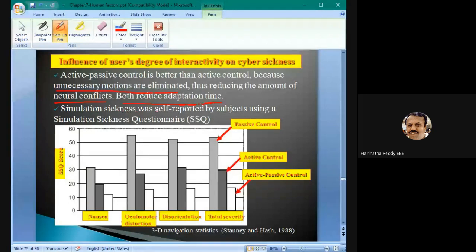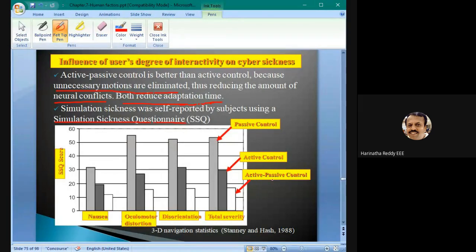So simulation sickness was self-reported by subjects using a simulation sickness questionnaire. A questionnaire has been prepared and it is given to all the subjects in the different groups. And finally, it is concluded that active passive control is better compared to the other one. Is it clear? Active control, passive control are the two different cases.